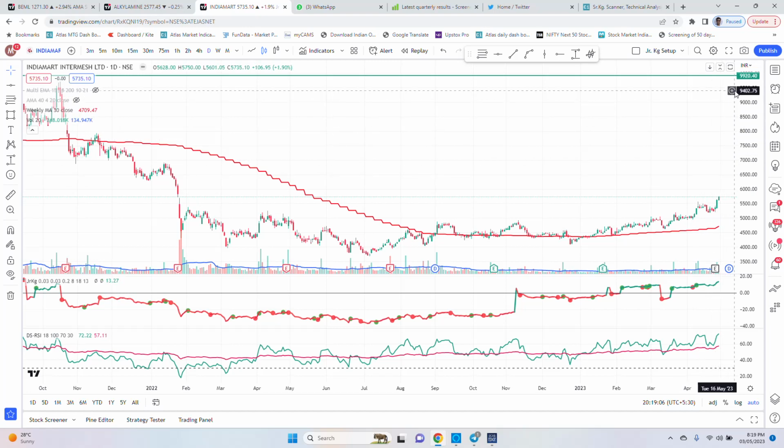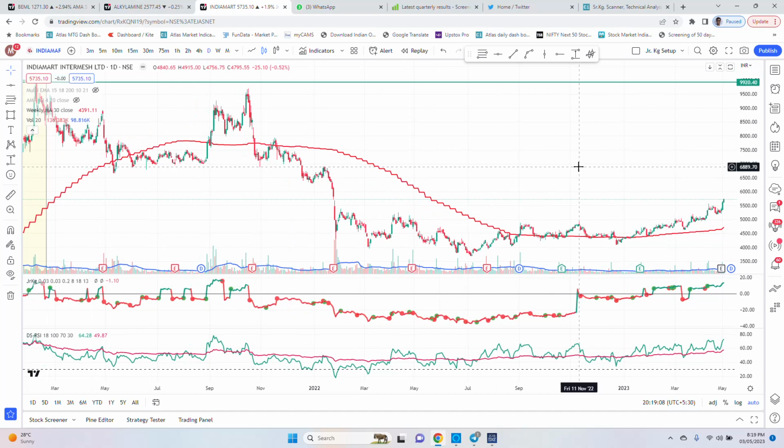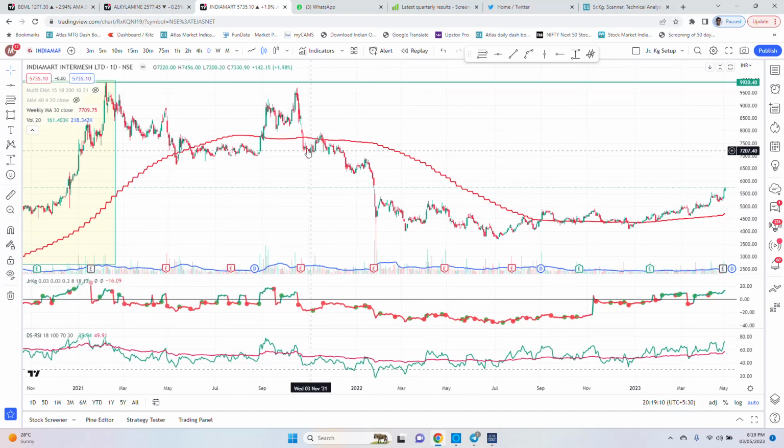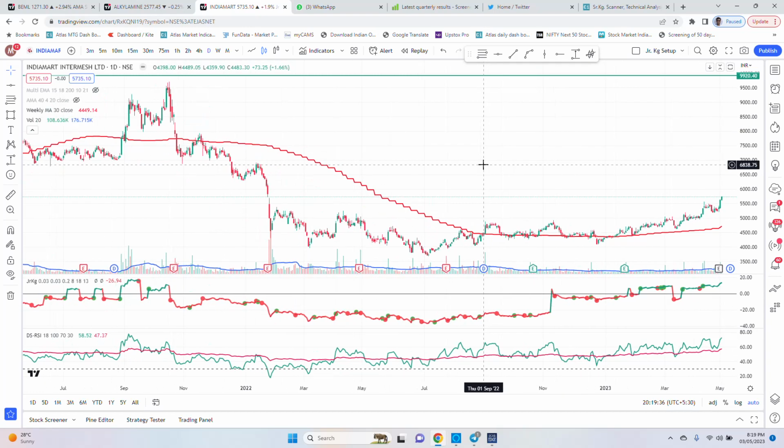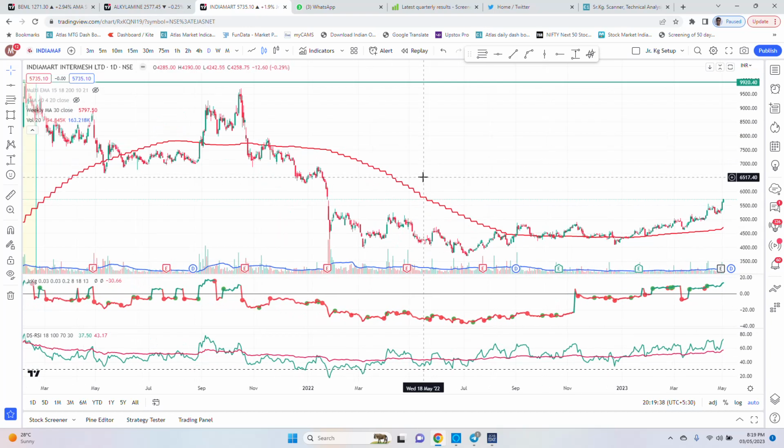It will go up, but there is a very less likely chance the stock will start falling the way it has fallen here. As the stock came from 9,500 to 3,700, from here there is a very less likely chance that the stock might go to 3,000 or 2,500. Chances are very less. It might consolidate here, then go up a little bit, again consolidate, again go up, the same way as it has happened here also.